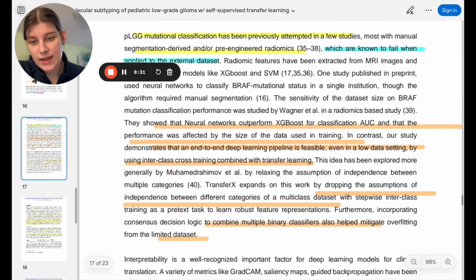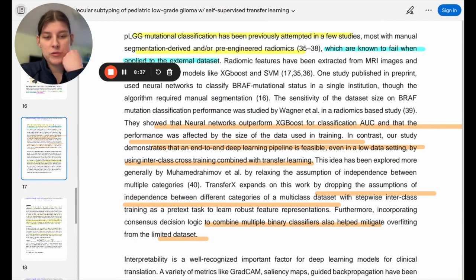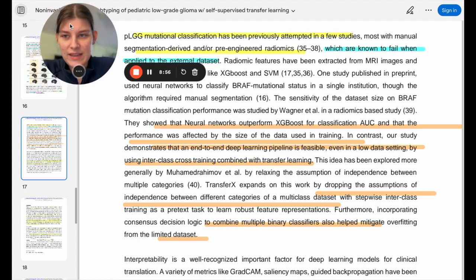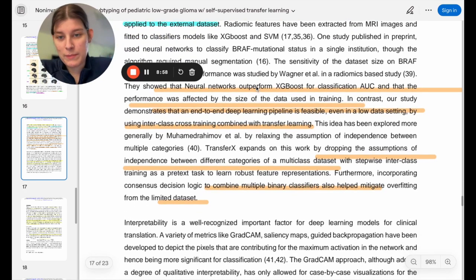And aside from this, in the other studies that had mutational classification, most of them were developed with manual segmentation backgrounds, or with pre-engineered radiomics, which basically means that if this was applied to an external data set, it would just fail. It wouldn't work, because it's trained specifically on that data and wouldn't be tuned to other patient populations.